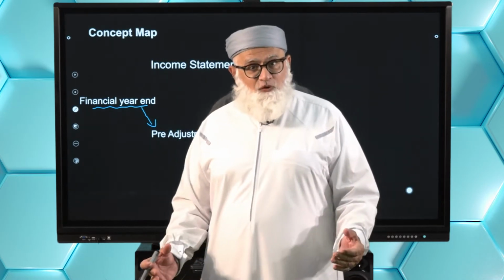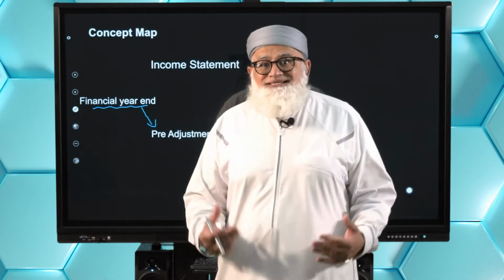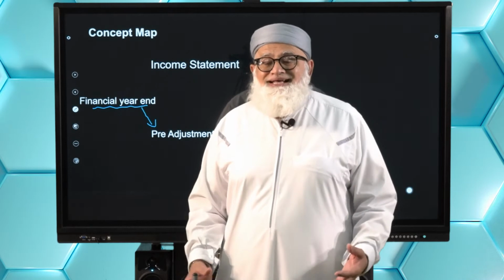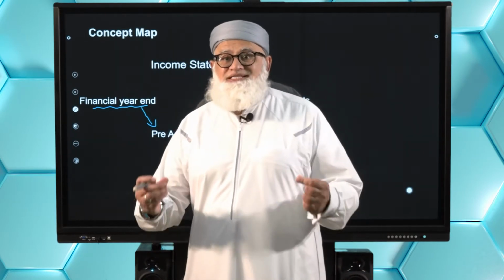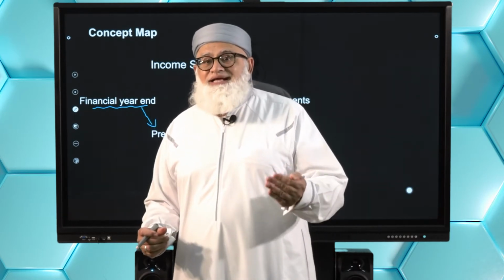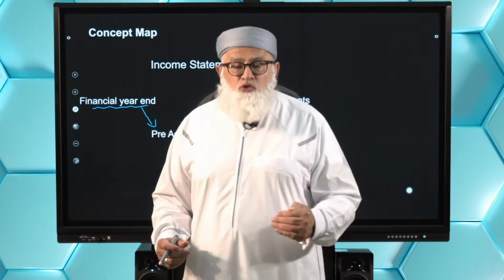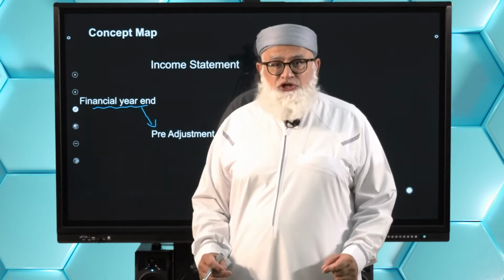So therefore, my pre-adjustment trial balance has not taken into consideration some of the adjustments that we have to do, which are deemed necessary for us to complete in order to correct the amount of profit that we have earned in this financial period.